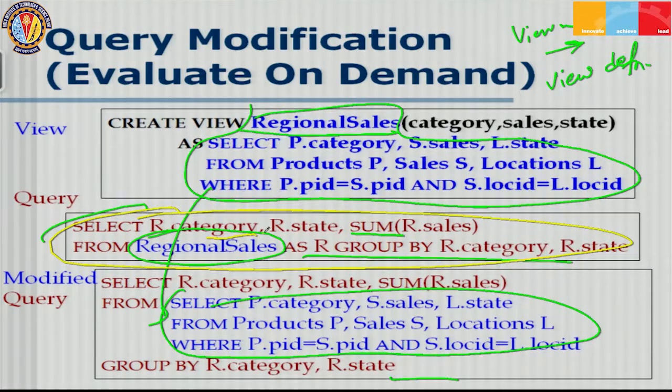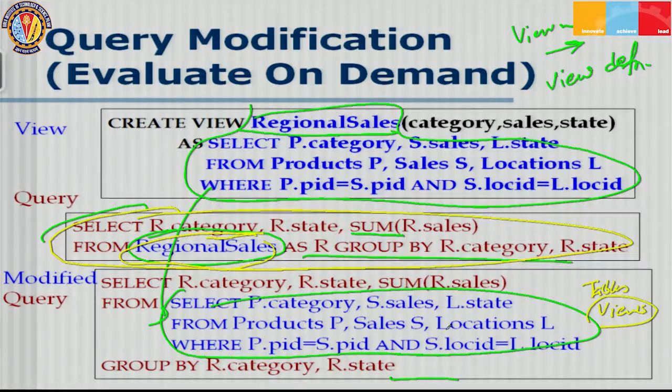It will see that this regional sales is not in the tables list that you have created, but it will be found in the views list that you have created. So it will go and see that it is a view, and then once it knows that it's a view, it will go to the metadata and fetch its definition from there and replace this name of the view by the view definition. So this is how it is done.